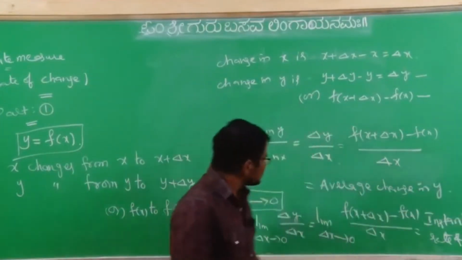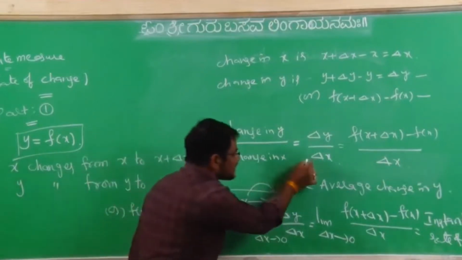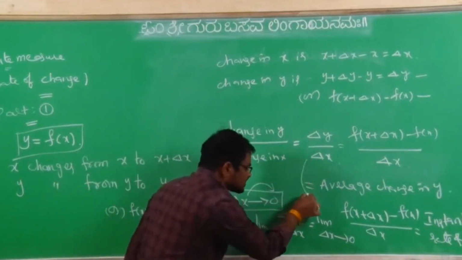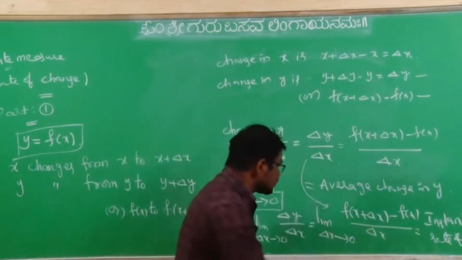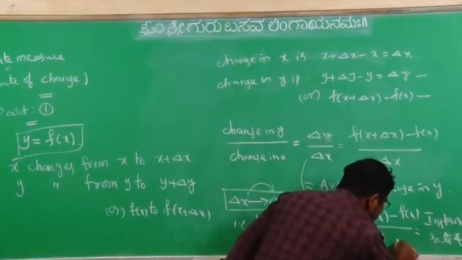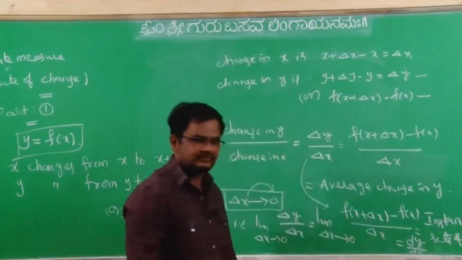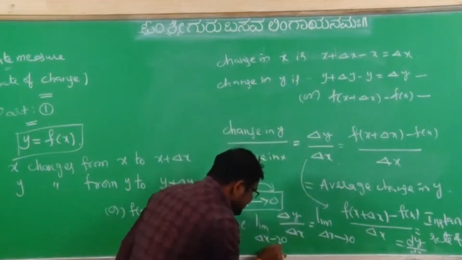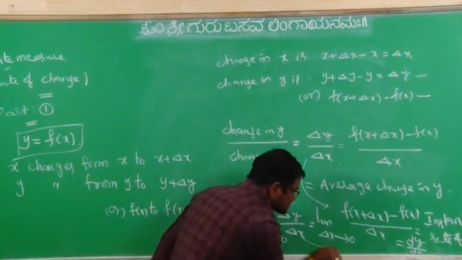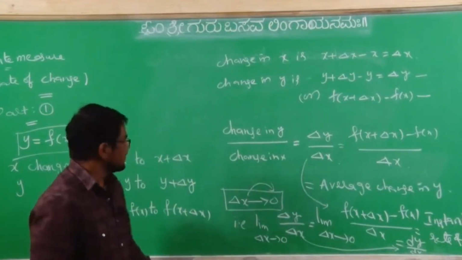X. But here, once you observe, delta x tends to 0 and delta y by delta x, it becomes what? So it can also be written as dy by dx. Means the limit delta x tends to 0, delta y by delta x becomes dy by dx.